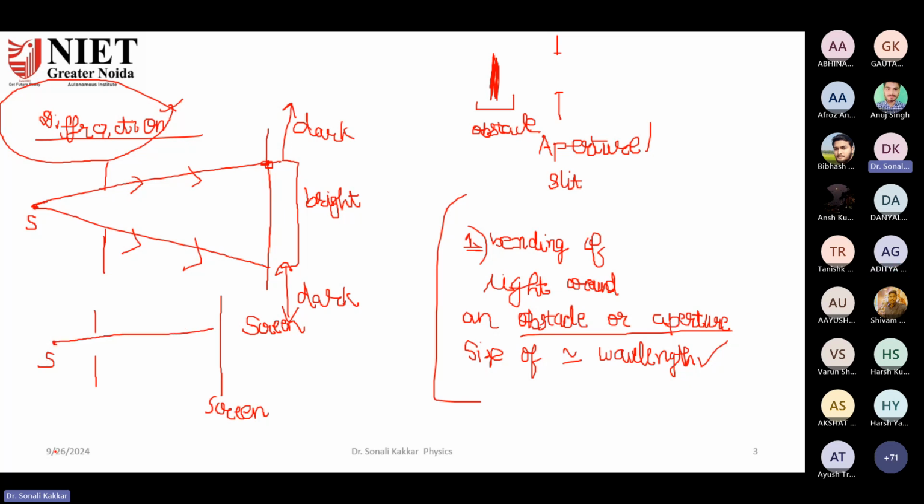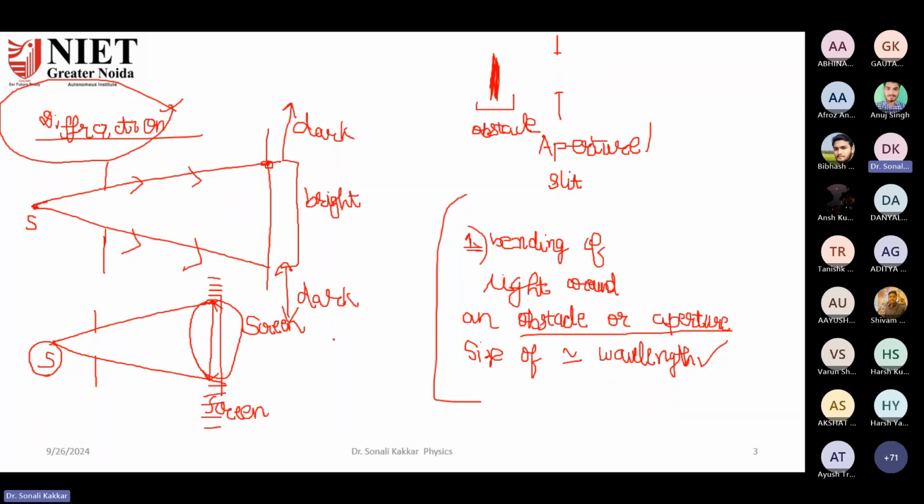Light rays from the extreme points of this slit should reach the screen and make the screen bright in this region, and the regions above and below should be dark. But this does not happen as you reduce the size of the slit progressively. The brightness of the screen will be reduced over here somewhat, and above and below the region there will be very blurred alternate bright and dark rays, and the width will be very large.